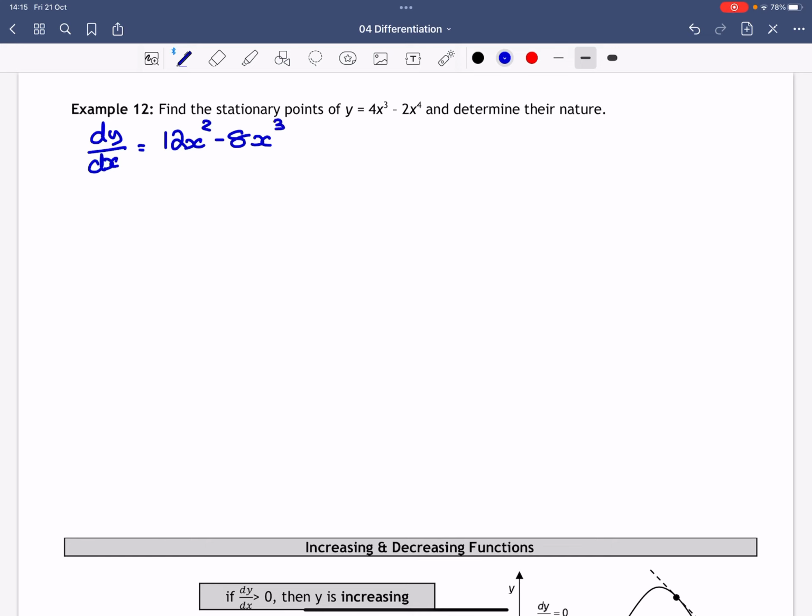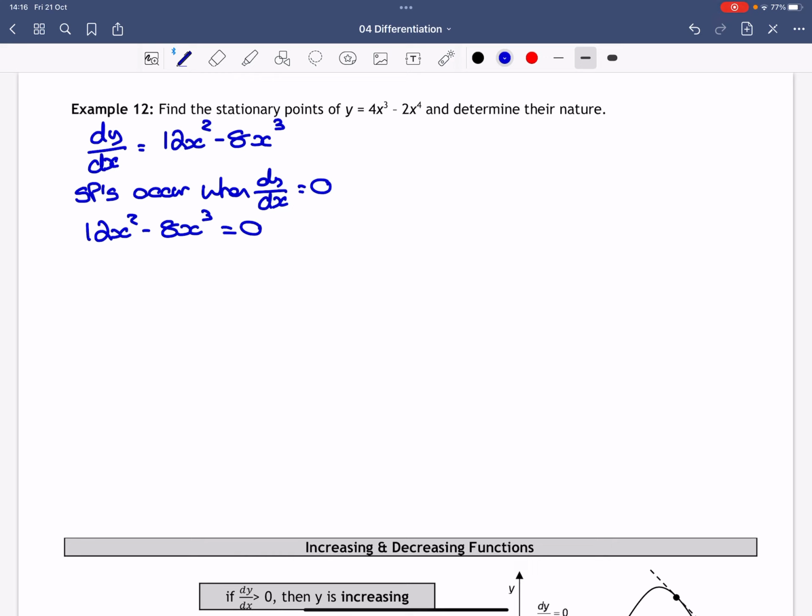So let's go ahead and find our stationary points. Remember that stationary points occur when dy by dx is equal to 0. So that will give me 12x squared minus 8x cubed is equal to 0.